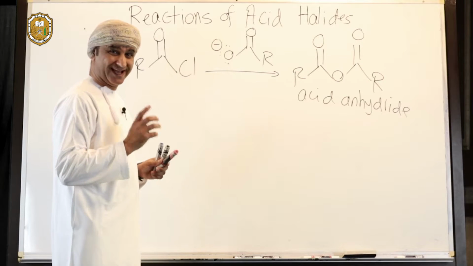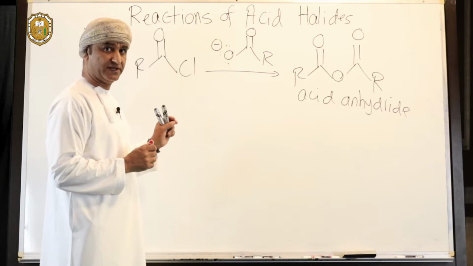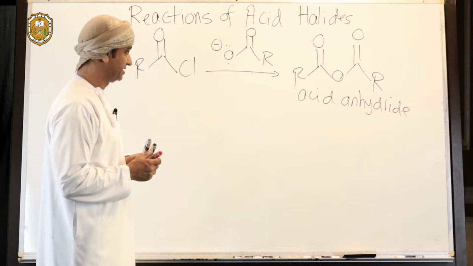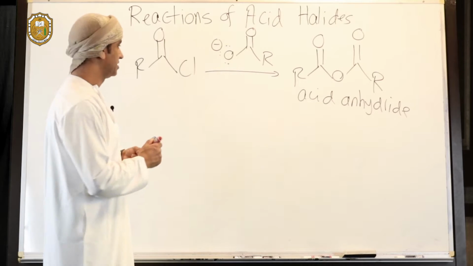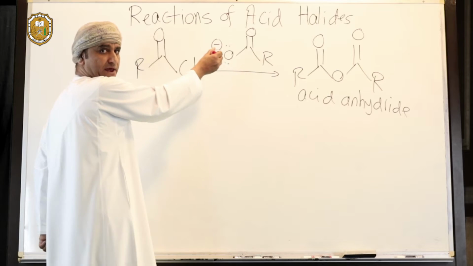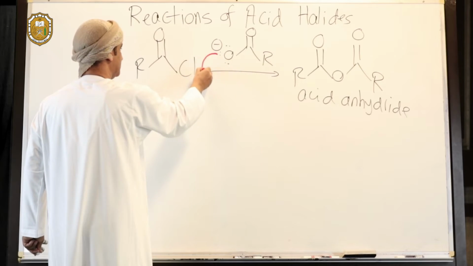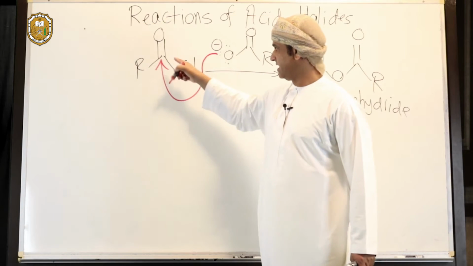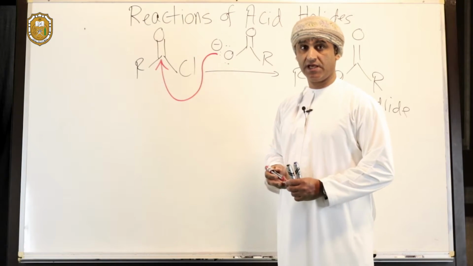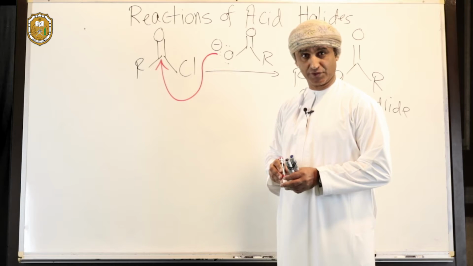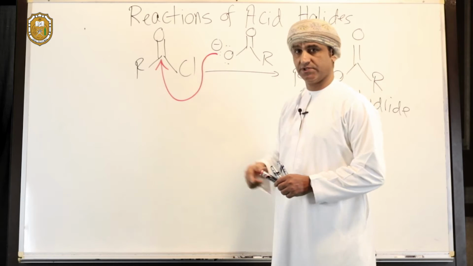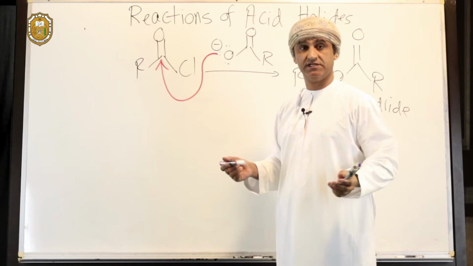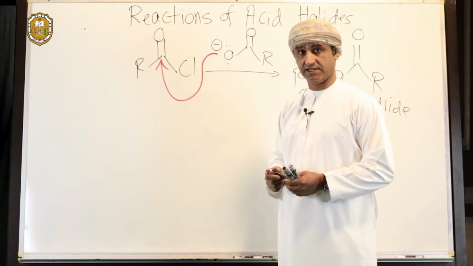Let's work out a mechanism for this nucleophilic acyl substitution reaction. The carboxylate ion will act as a nucleophile, so we can take an arrow from the carboxylate ion. The carboxylate ion then attacks that carbon. Of course, that carbon again is electrophilic, not only due to inductive withdrawal by oxygen, but also because of resonance withdrawal, as we have seen in a previous lecture.